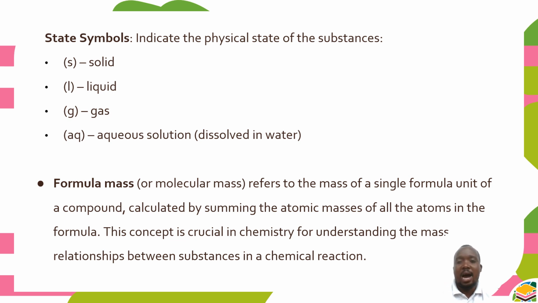Okay, now let us look at formula mass, which is also known as molecular mass. Formula mass or molecular mass refers to the mass of a single formula unit of a compound, calculated by summing the atomic masses of all the atoms in the formula.